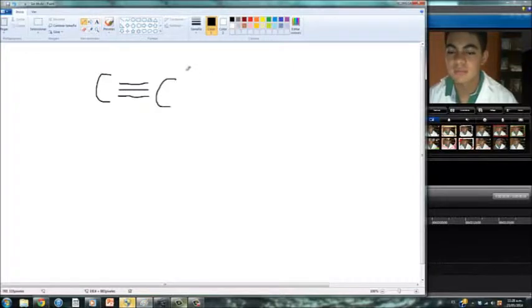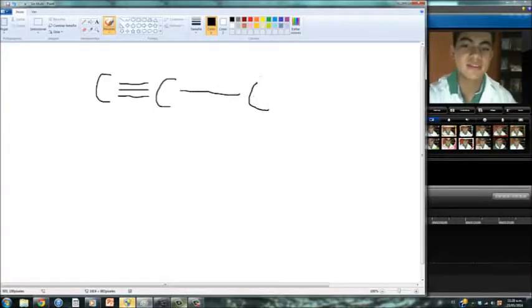Also, we can have something like this, and you can say, whoa, what are we going to do with this? Well, we check our chain, and we see that here we have a single bond and here a triple bond.